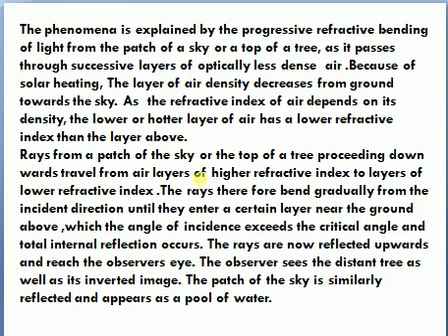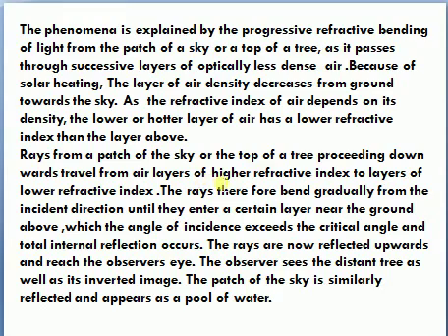So we find out that rays from the patch of the sky or top of the tree proceeding downwards travel from an air layer of high refractive index to a layer of what? Lower refractive index. So the rays of light are moving from higher refractive index to lower refractive index.